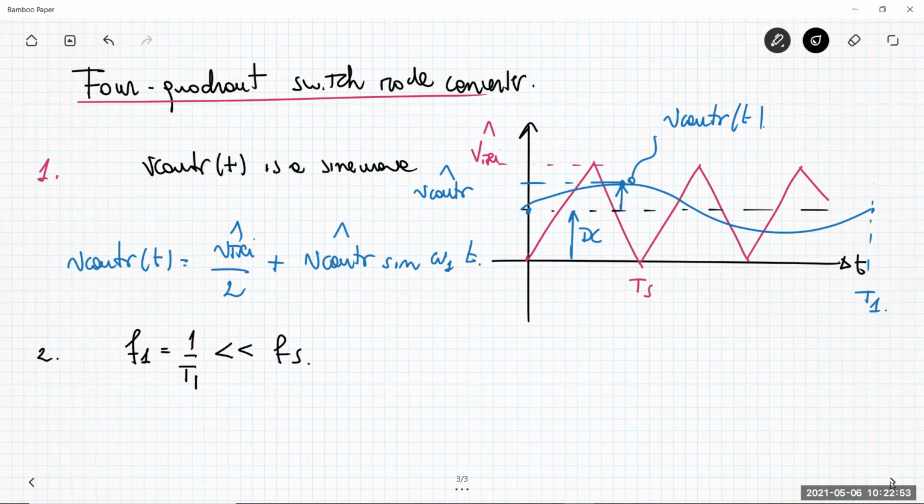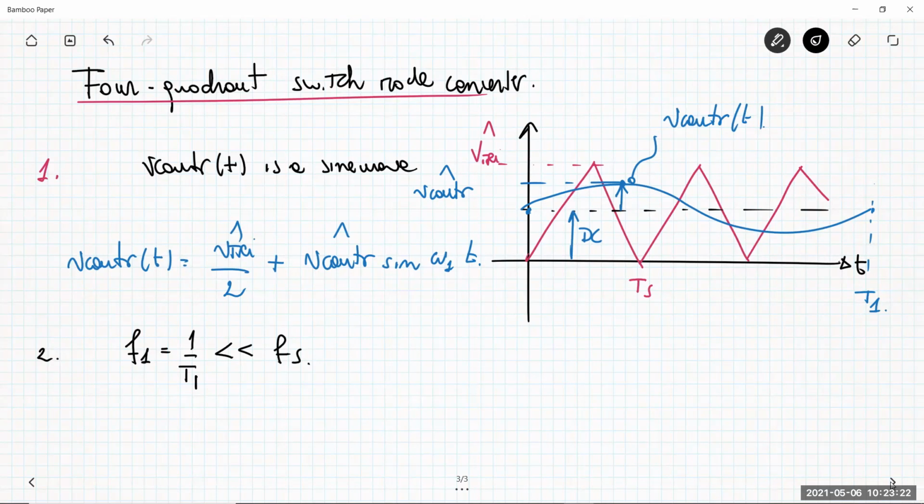Typically, in order to make the demodulator effect easy, meaning the filtering at the output of the inverter, because typically the demodulator is the motor itself, so we are using the inductance and the resistance of the motor as a low-pass filter, the switching frequency should be much higher than the frequency f1 of the control voltage. This is what we already know in order to respect the Nyquist problem.